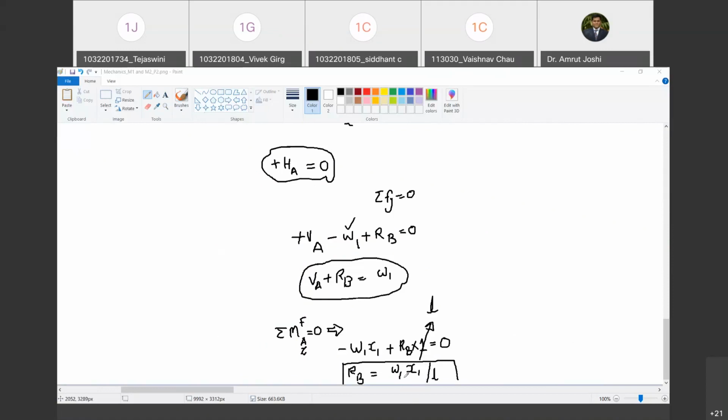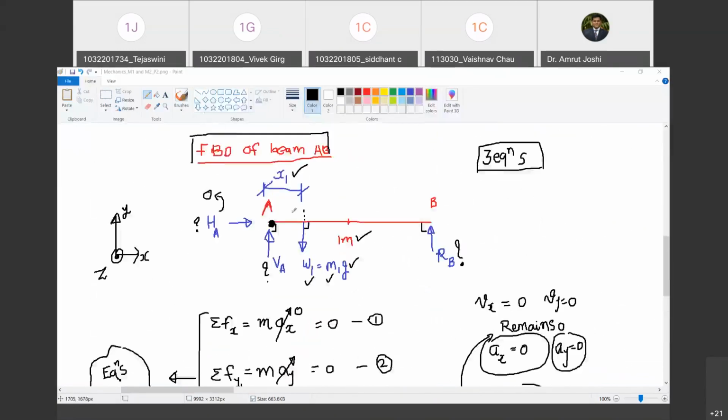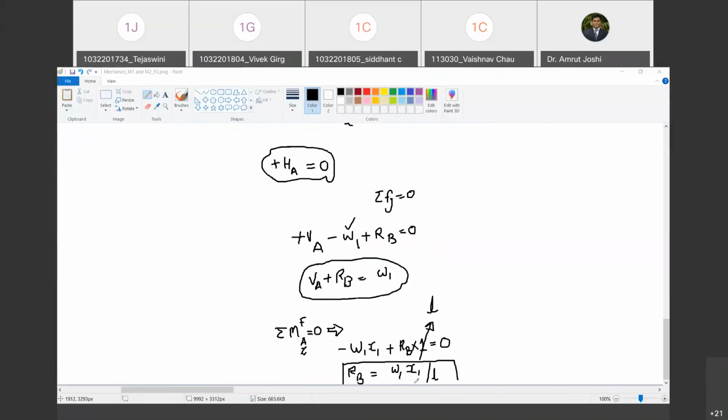Now let us cross verify certain things. Let us say the load is on the support A itself, that means X1 is how much? 0. Yes. So when X1 is 0, what happens to RB? 0.